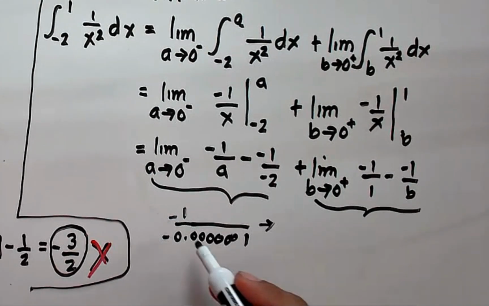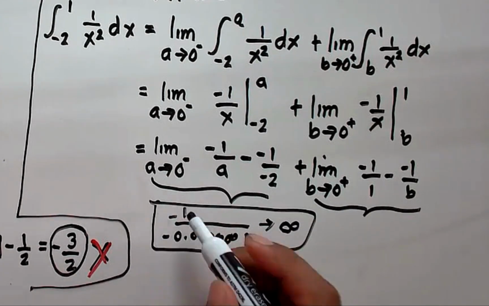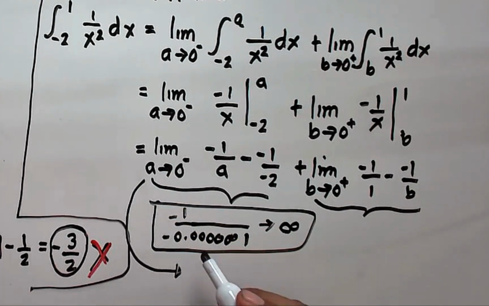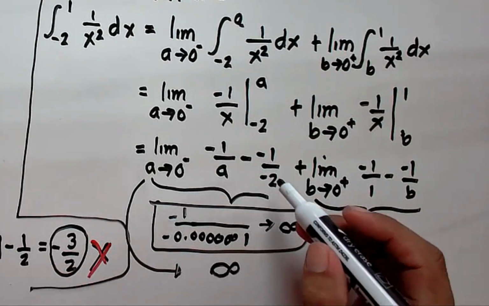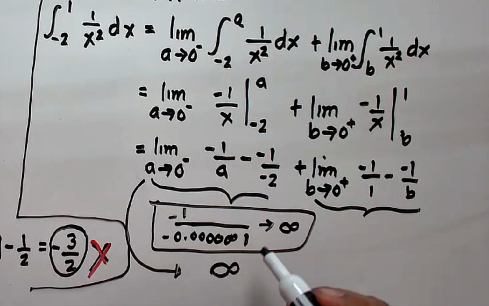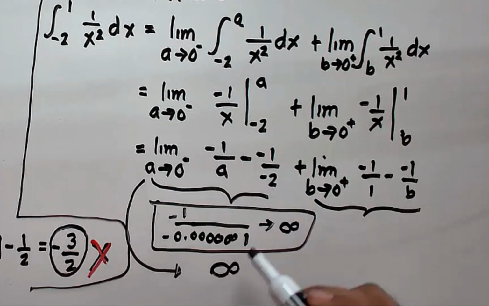We say that the value of this approaches positive infinity. Therefore, this part here is positive infinity, because even if you subtract positive 1/2 from infinity, it will not make any difference at all. So this part here is infinity minus 1/2, which is still infinity.